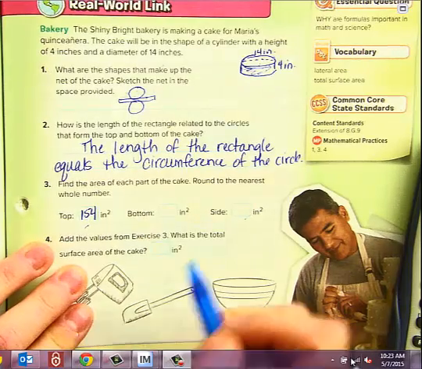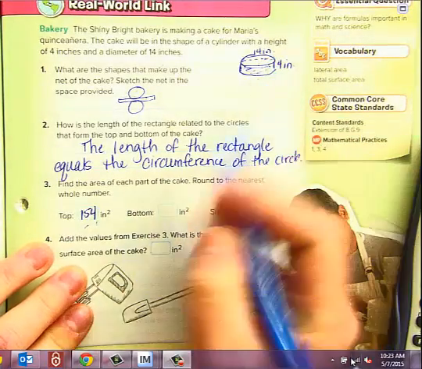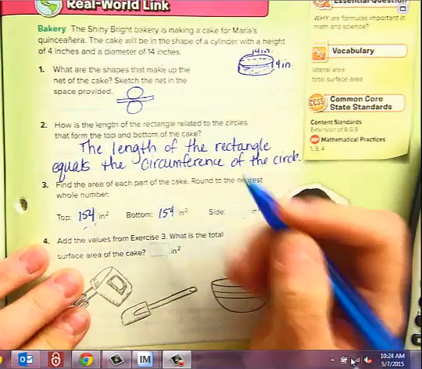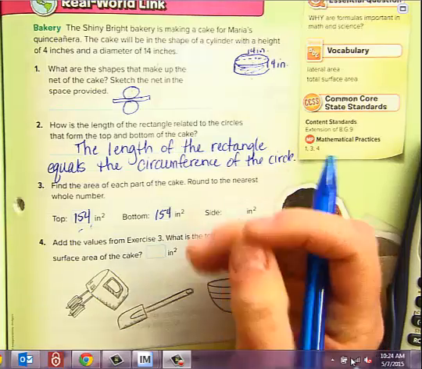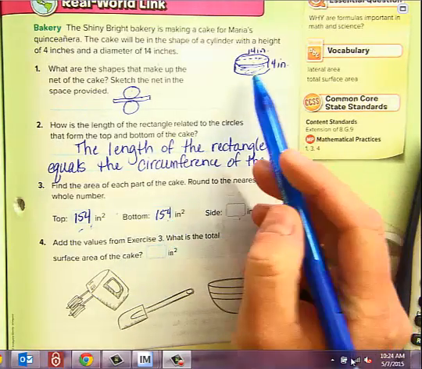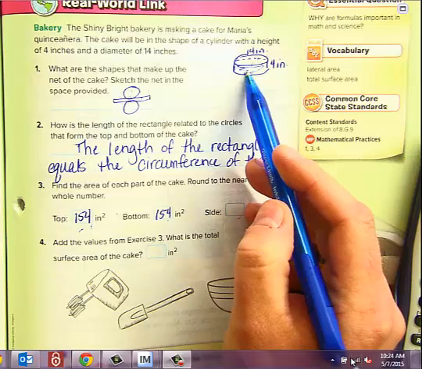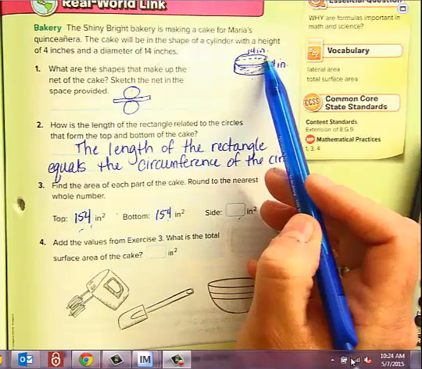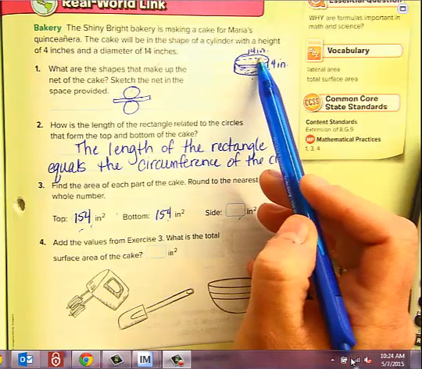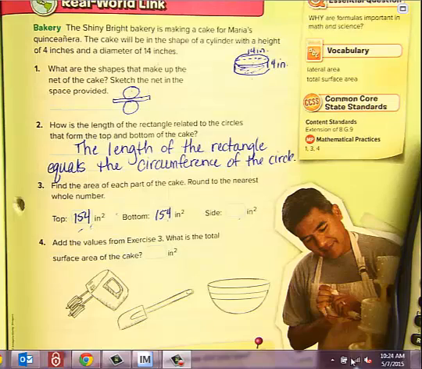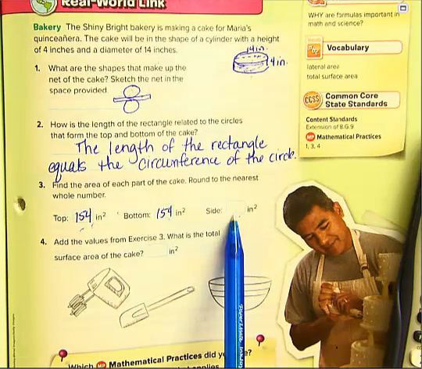And the bottom, this is the top, the bottom's going to be the same thing. It doesn't get wider as it goes down, and it doesn't get smaller as it goes down, so it's the same as the top. The side then, to find the side, if this is my diameter, to find the circumference of a circle, pi times the diameter.